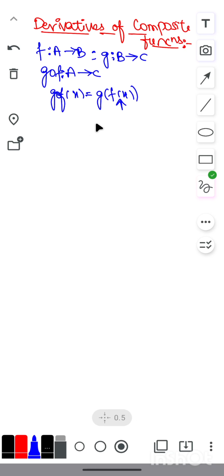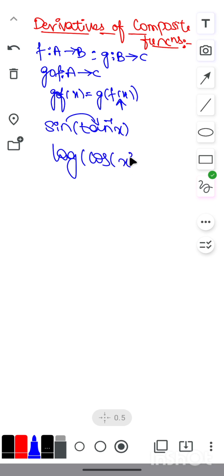In simple words, if a function is having one or more functions in its body, such types of functions are called composite functions. For example, sine of tan inverse of x. You can observe here the trigonometry function is having an inverse trigonometry function in its body. Then we can say log of cos of x square.